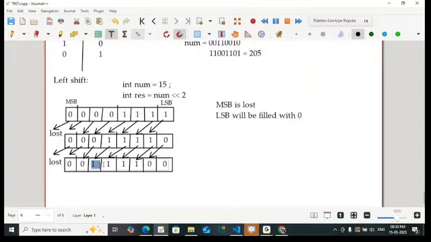So this is 32 plus 16 is 48, plus 12. So the answer is 60. The output you get is 60.